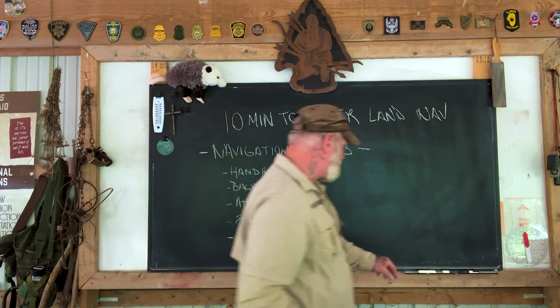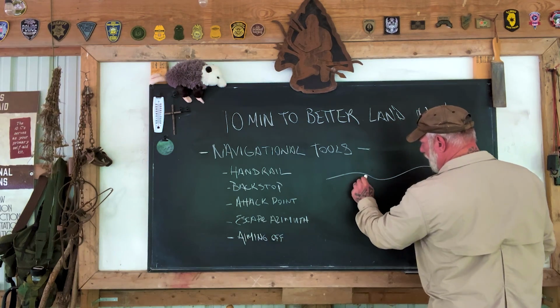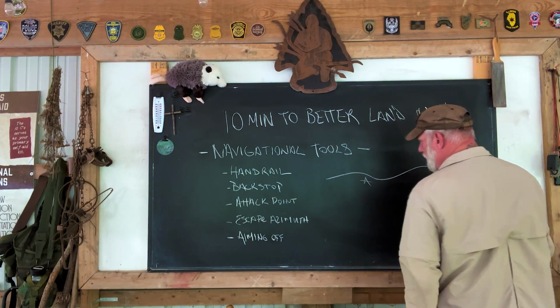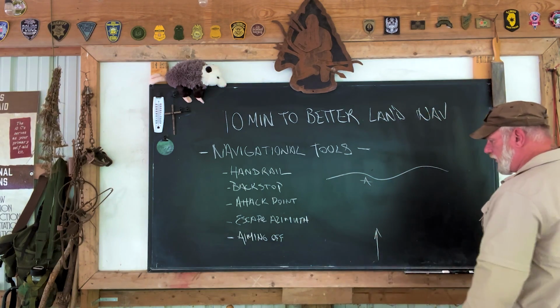So let's just say, for sake of purpose, there's a creek that runs down through here and our camp is on this creek, all right? And we're walking from this direction to get to our camp.